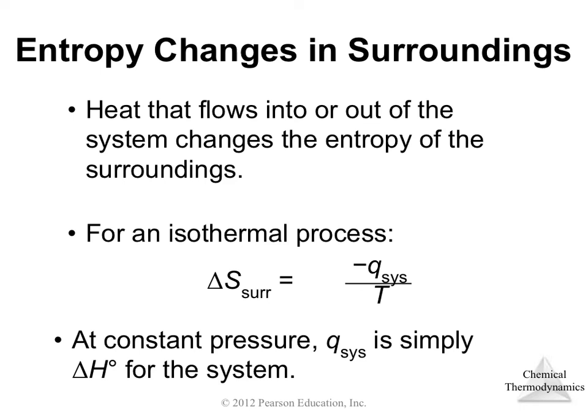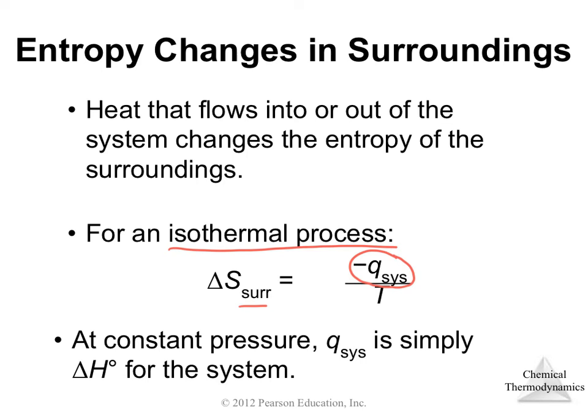So for an isothermal process, meaning the temperature stays the same, the change in entropy of the surroundings is equal to the negative Q of the system over T. So if the system gains heat, it had to have come from somewhere. It was lost by the surroundings.